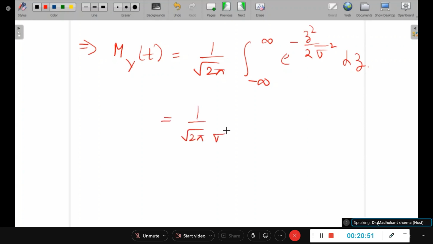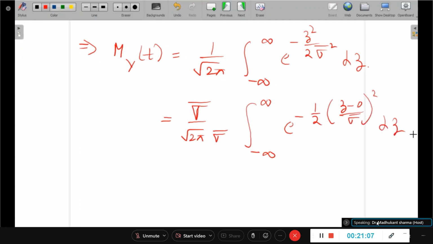I'm just multiplying and dividing by sigma bar here, and integration from minus infinity to infinity, e to the power minus 1 by 2 (z minus 0) by sigma bar square dz. And I hope this can be identified.